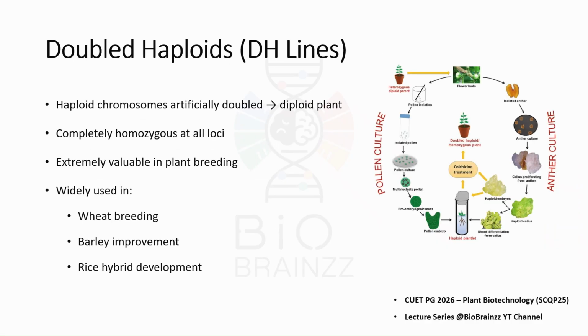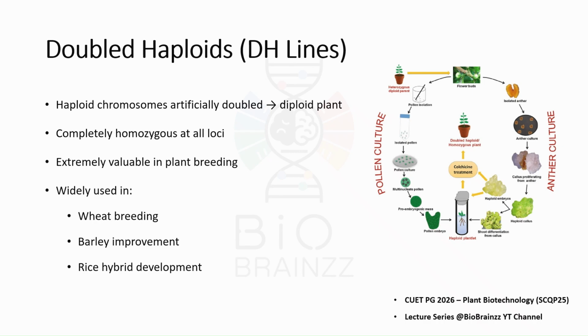Doubled haploids. Since haploid plants are usually sterile, their chromosomes must be doubled to restore fertility. When chromosome doubling occurs, the haploid genome is duplicated, producing a diploid plant with identical chromosome sets. Such plants are known as doubled haploids.